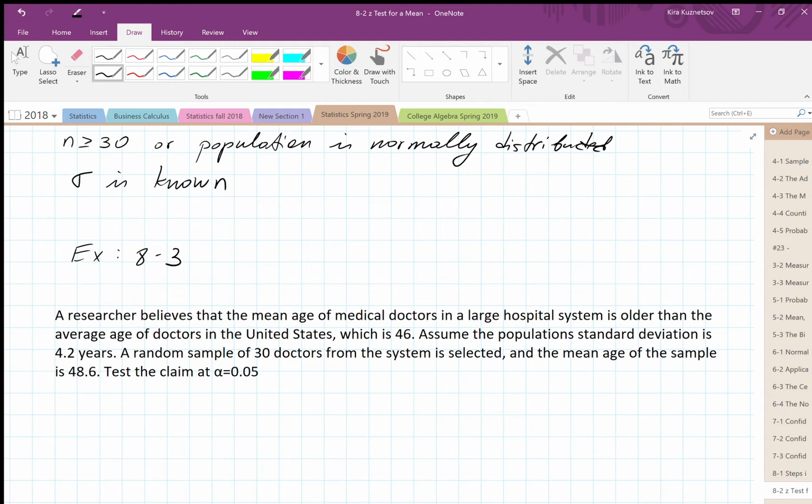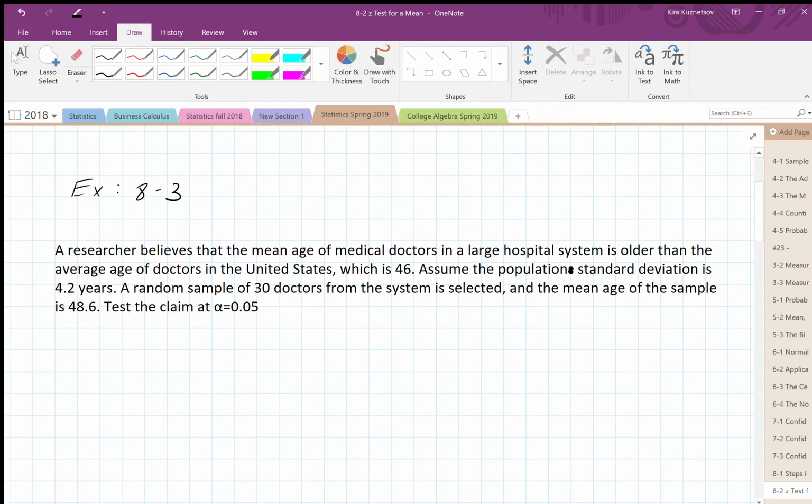Assume the population standard deviation is 4.2 years. A random sample of 30 doctors from the system is selected and the mean age of the sample is 48.6. Test the claim at alpha 0.05.